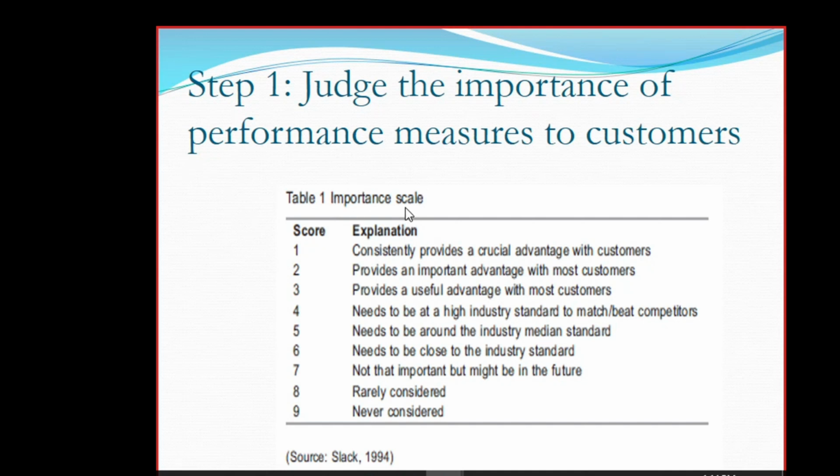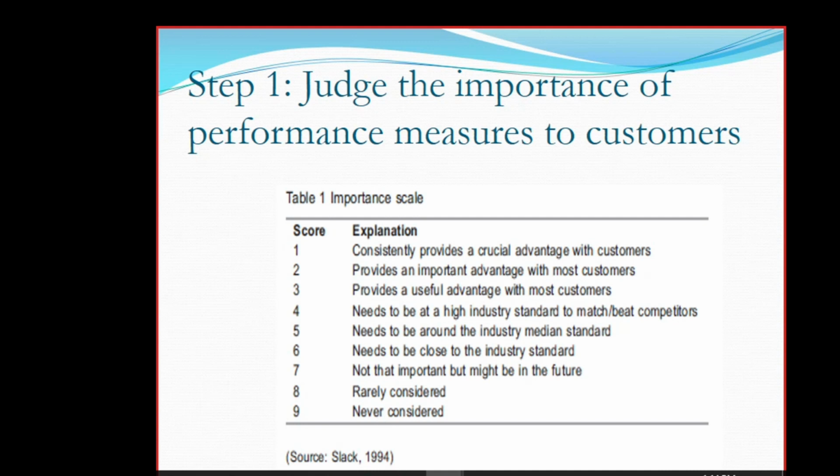Let's say the color feature. If the color feature is very important to your customers, then you will give it a score of 1, because this feature consistently provides a crucial advantage with customers. If a little bit less, you will give it a score of 2. As you see here, there is a range of scores from 1 to 9. A 9 means your customer has never considered color to be important.